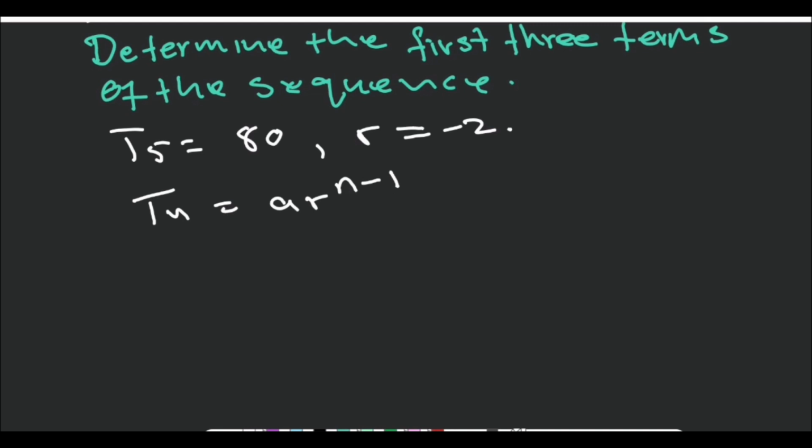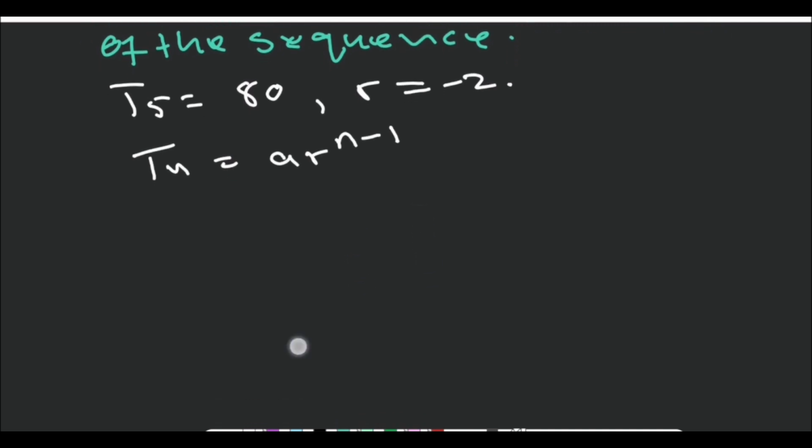Right, great. So now we have T5, we have the ratio, but we don't know a. So we can use that idea because we know that T5 is equal to a r to the power 5 minus 1, which is equal to a r to the power 4, right?